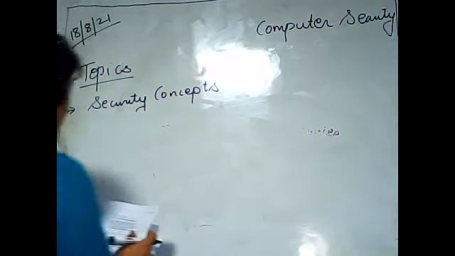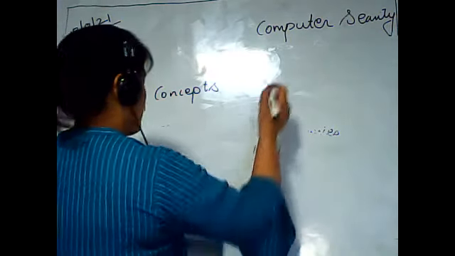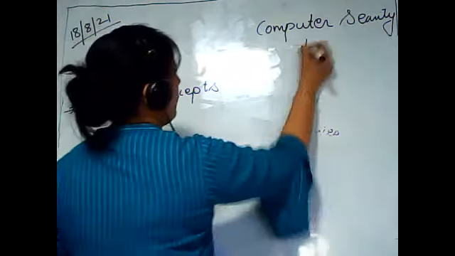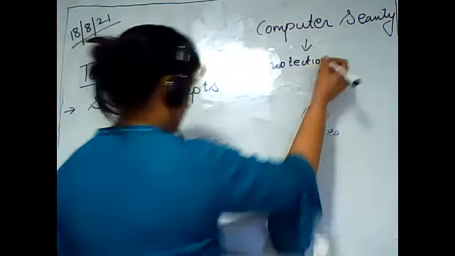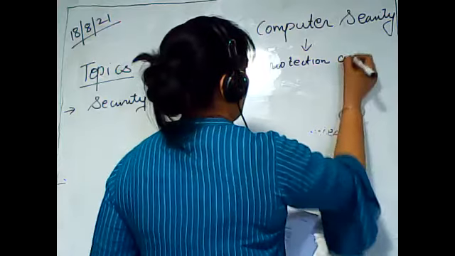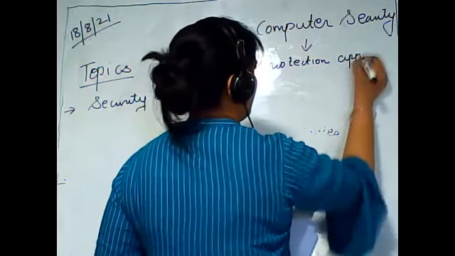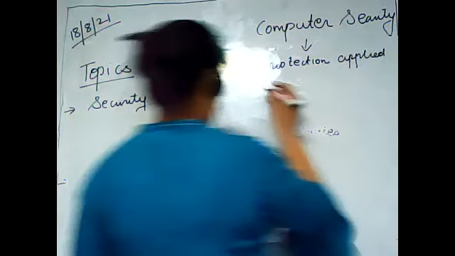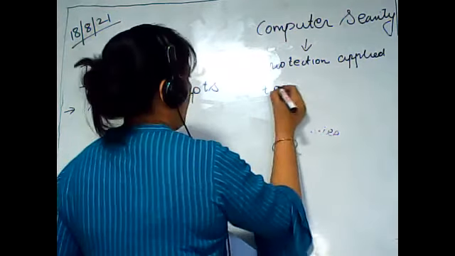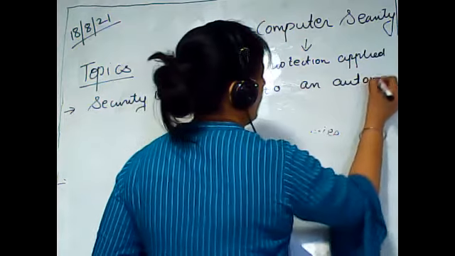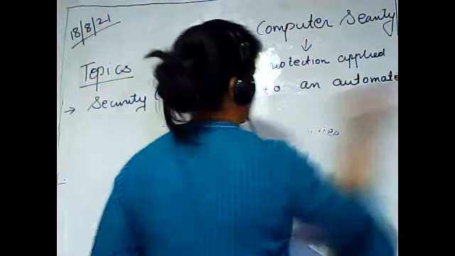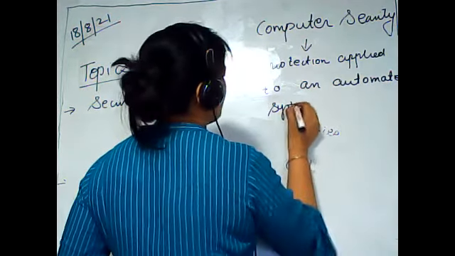So what is computer security? How can we define it? It is protection applied to an automated system. Why do we require the computer system?